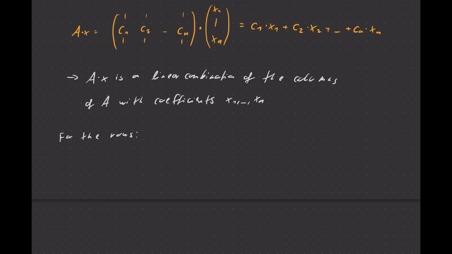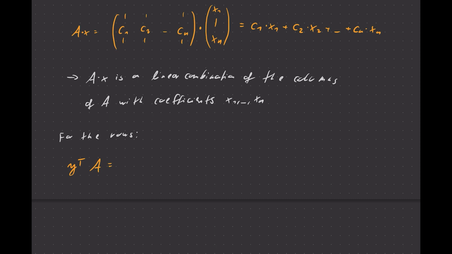In this case, we have to change our multiplication a little. If we multiply by a vector from the right, as we have just done, this will yield a combination of the columns of A, sorry. For the rows, we have to multiply with a row vector from the left.